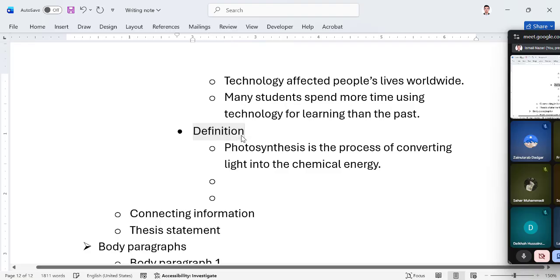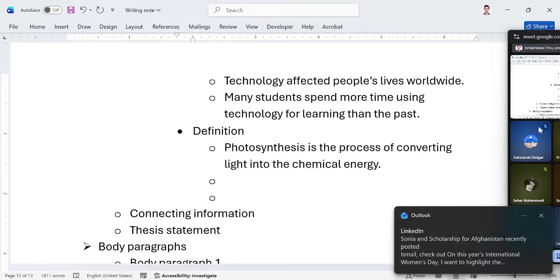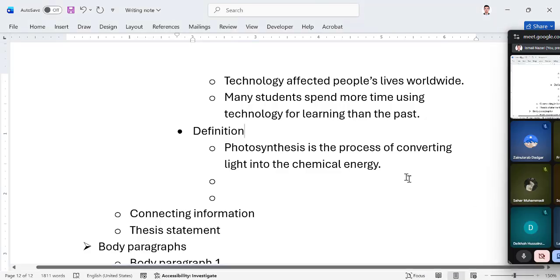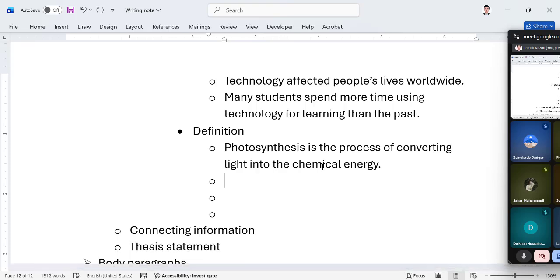Here we have a definition. Now, in the rest of the introductory paragraph especially, we will have more detail about this definition. More specific description about what is photosynthesis and how it converts the light into the chemical energy and so on.